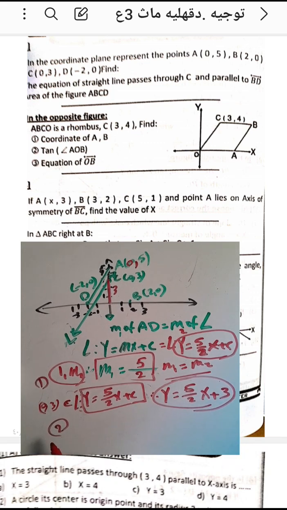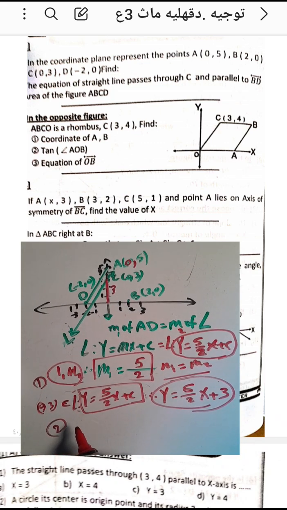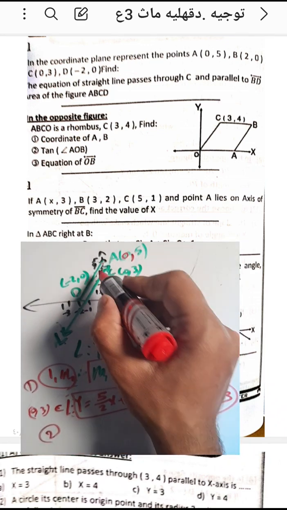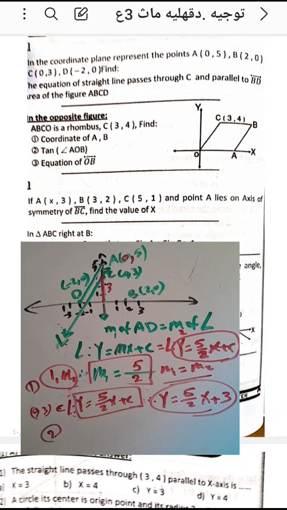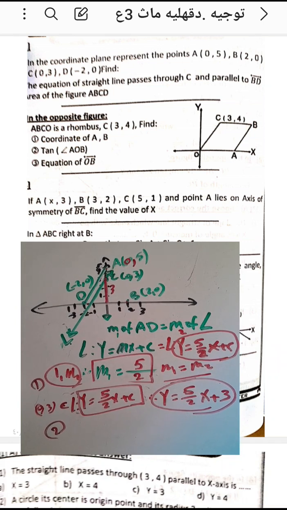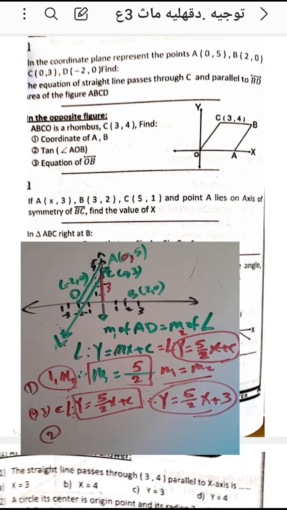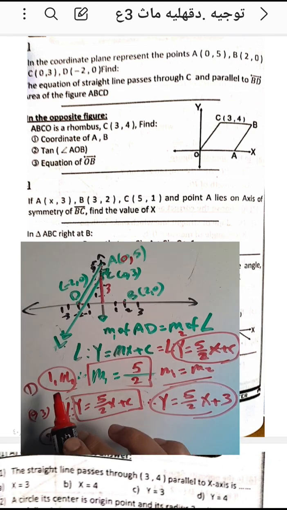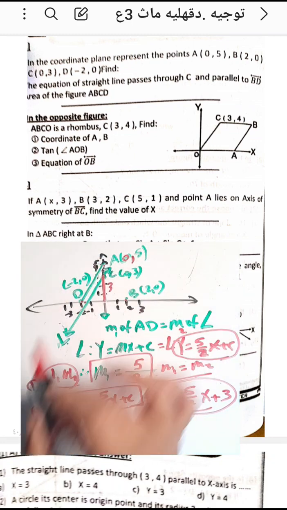Okay, number 2, find the area of the figure ABCD.